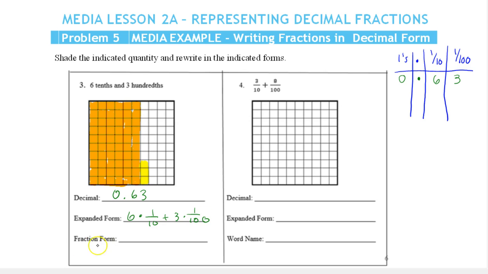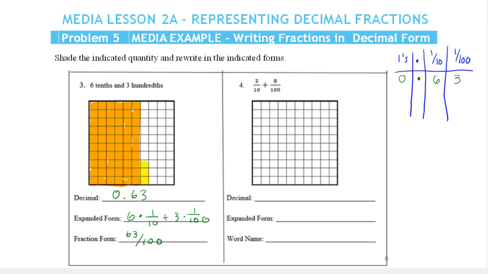And finally, in fraction form, we're going to write 63 over this place value. So again, we can think of the orange strips as the tenths, but so we could have a common denominator, we need to see this is equivalent to 63 over 100, 63 hundredths. So we could use 63 yellow squares.